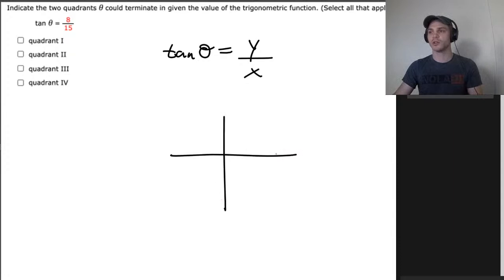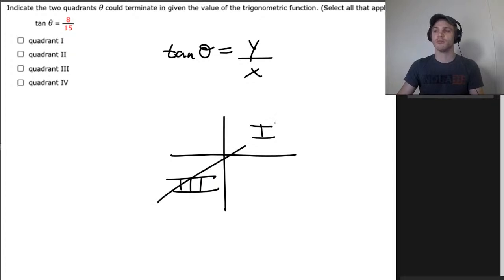The only way this ratio could be positive is if both y and x are positive, which happens here, or if they're both negative. Negative divided by negative becomes a positive. That happens here. So these two quadrants have tangent positive, which is quadrant 1 and quadrant 3.